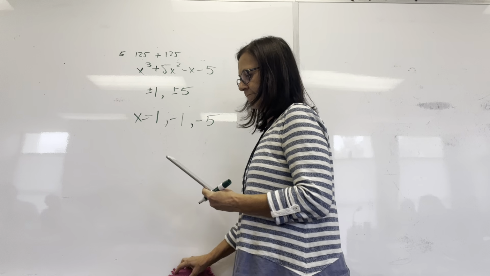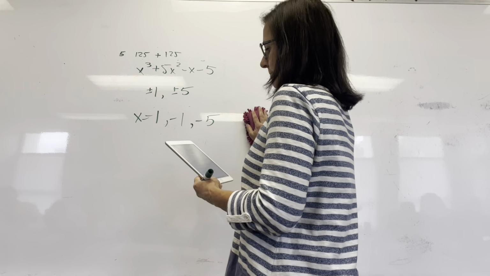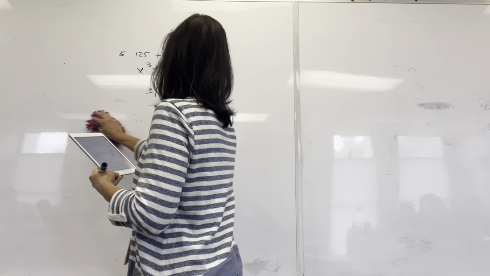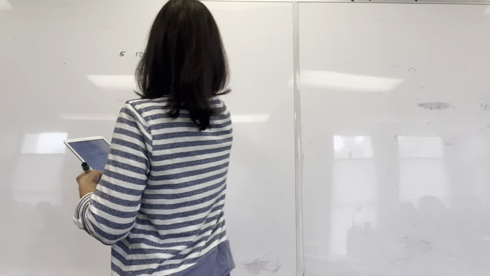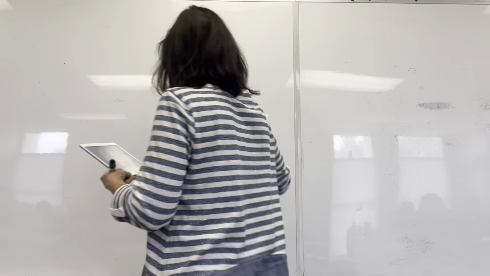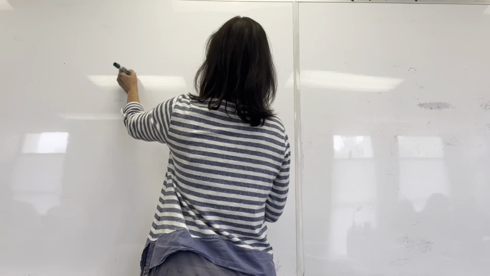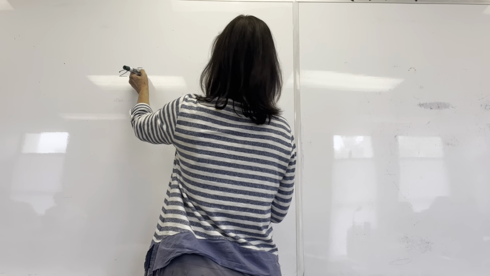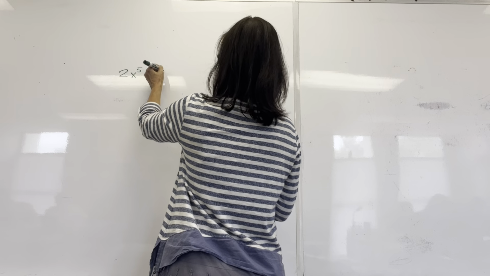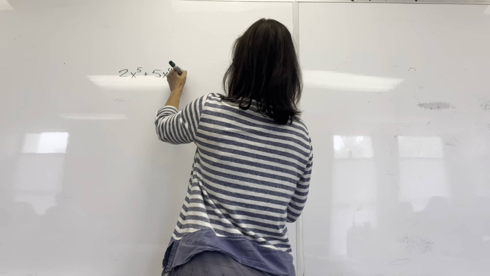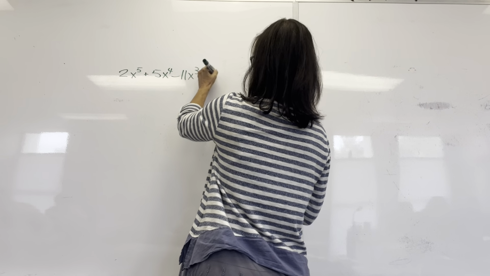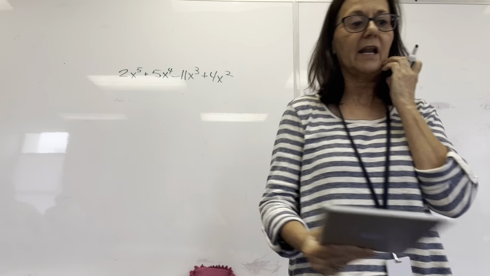Okay, look at number 5. I can already factor number 5. All right, so we begin with 2x to the 5th plus 5x to the 4th minus 11x cubed plus 4x squared. Look, I can factor out an x squared.